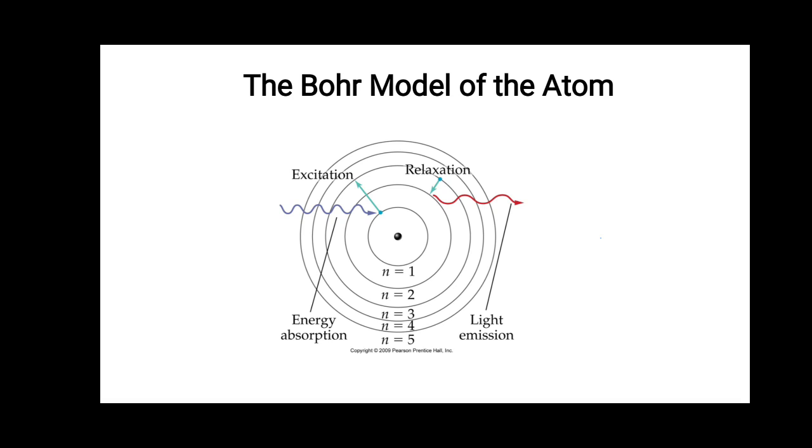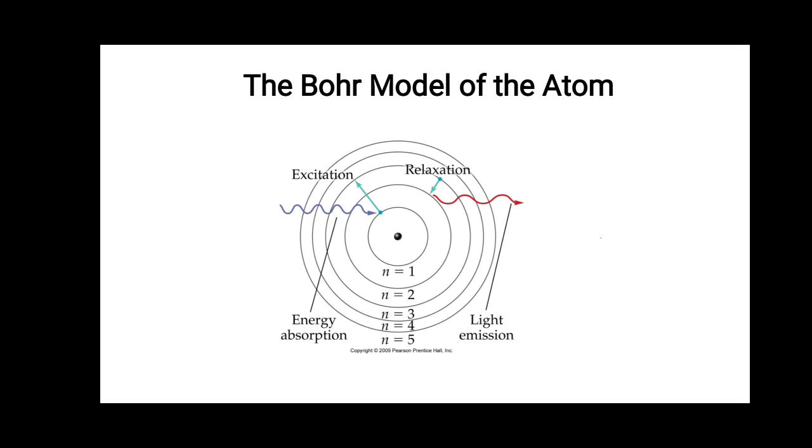According to Bohr's postulates, electrons revolve around the nucleus in certain permitted or fixed circular orbits associated with a definite amount of energy.